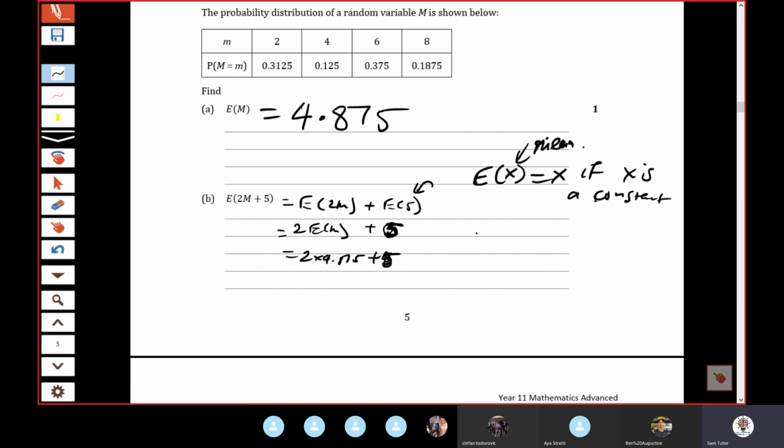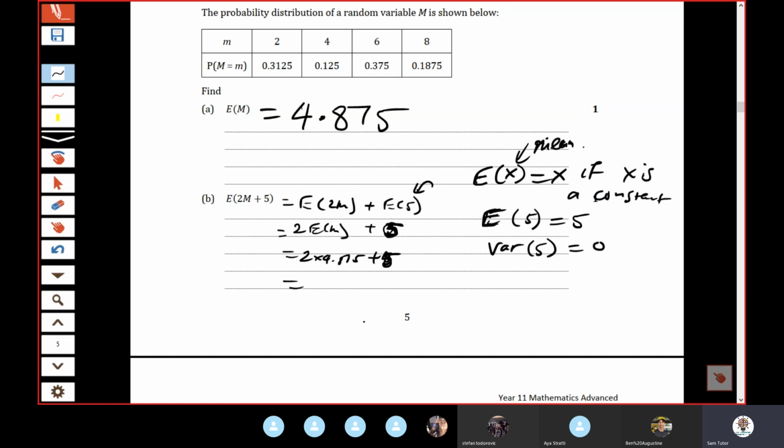So what is the mean of 5? The mean of 5 is 5. I was thinking of variance when I wrote 0. Variance of 5 would be 0. So variance of a constant is 0 because it hasn't varied in any way from its own mean. Well, there you go.